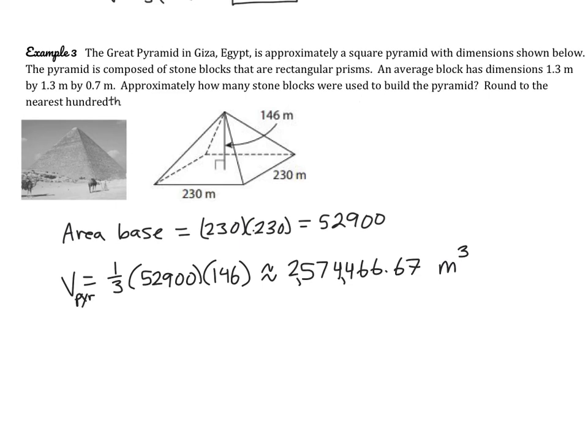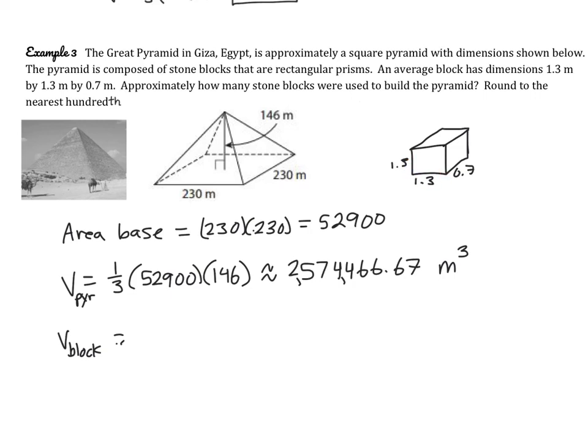And this is the volume of the pyramid. I'll say PYR. So now we want to know how many stone blocks were used to build the pyramid. So it'd be nice to know the volume of a block. The block is a rectangular prism, so it would look something kind of like this. It would be 1.3 times 1.3 times 0.7. Of course not drawn to scale, but it's really easy to find this volume.